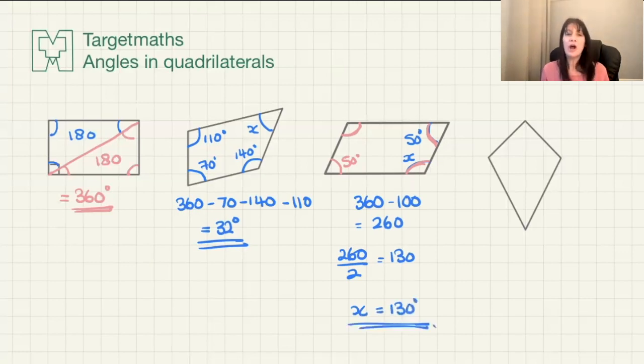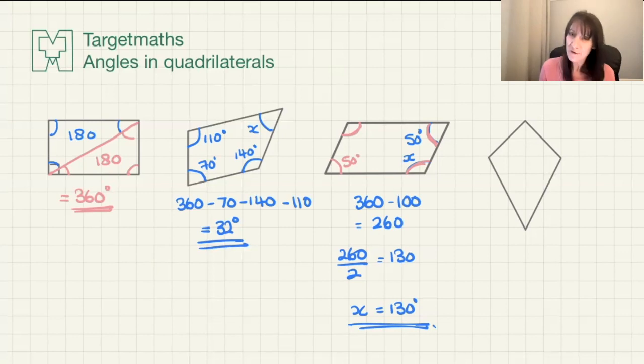So actually, knowing the fact that quadrilaterals add up to 360 may not in itself be enough to solve a trickier question. So you need to be really mindful of that. I've included the kite because it's another one that is often used to make things harder.